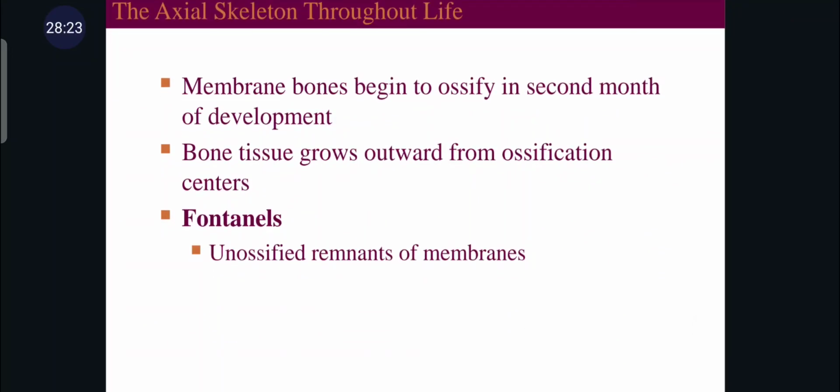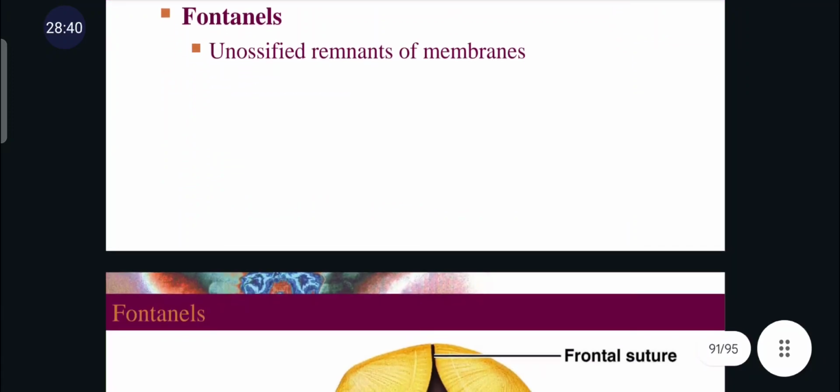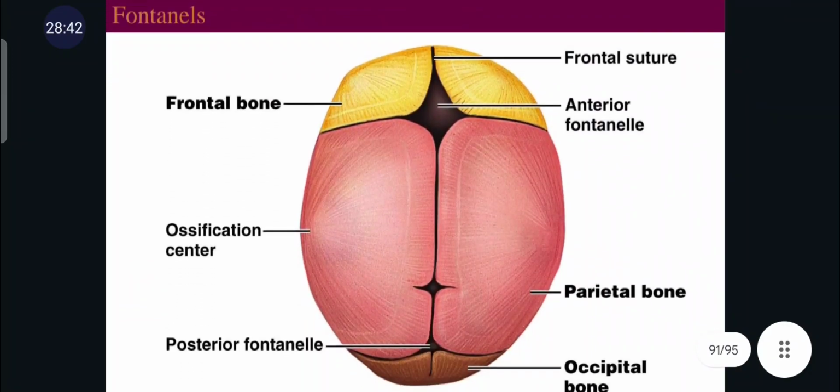Axial skeleton development. Membrane bones begin to ossify in the second month of development. Bone tissue grows outward from the ossification centers. Fontanelles are unossified remnants of the membrane, which are usually present in newborn babies.